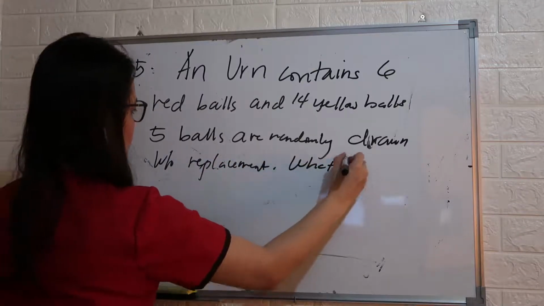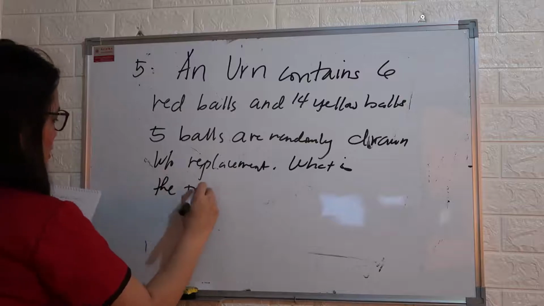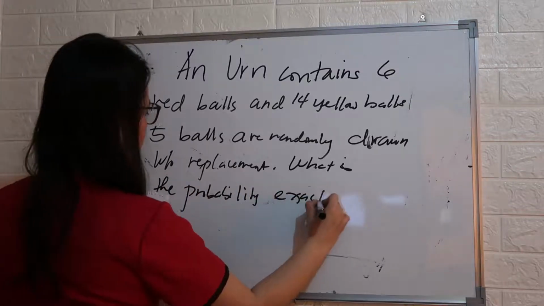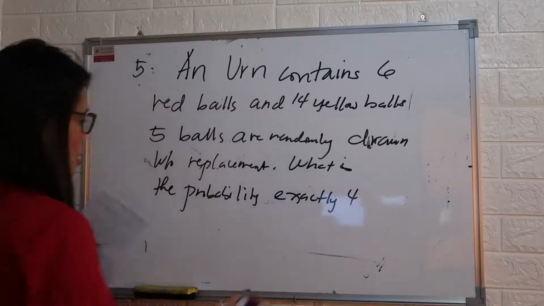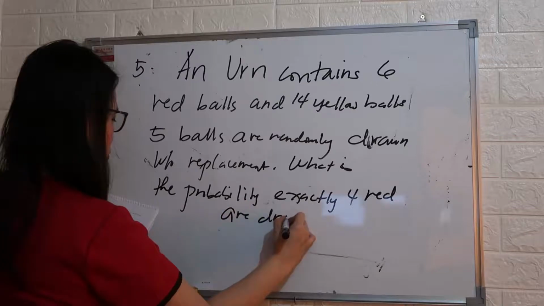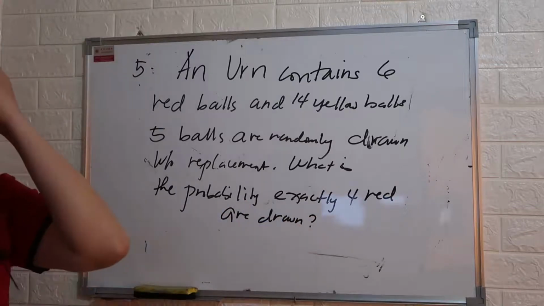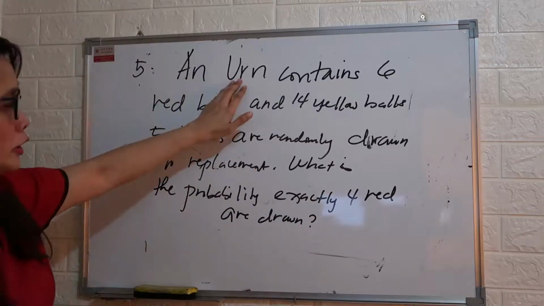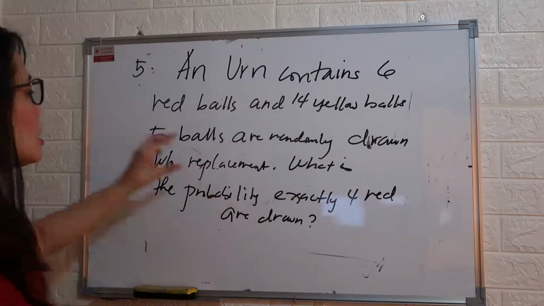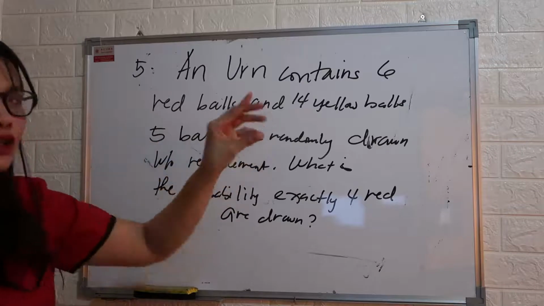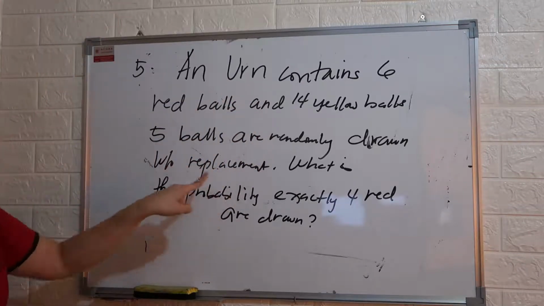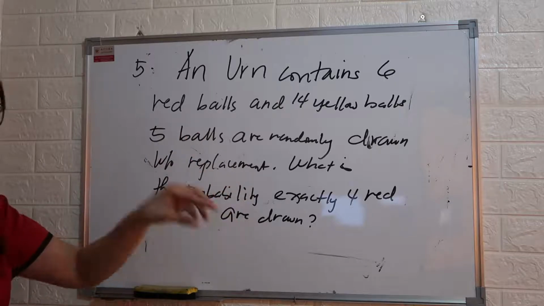What is the probability that exactly 4 red are drawn? Number 6, number 5. An urn contains 6 red and 14 yellow. 5 balls are randomly drawn without replacement. What is the probability that exactly 4 red are drawn?